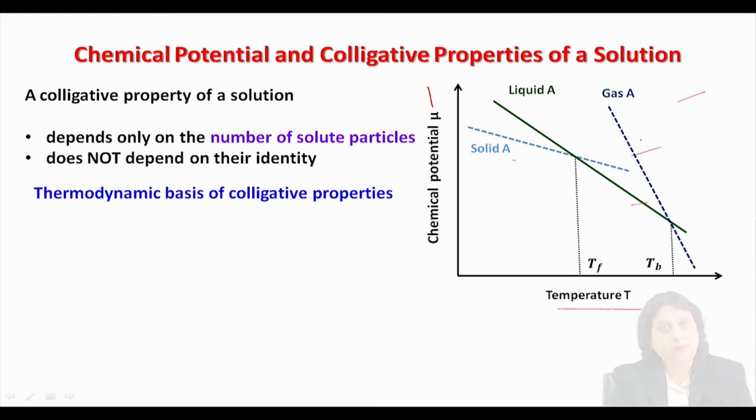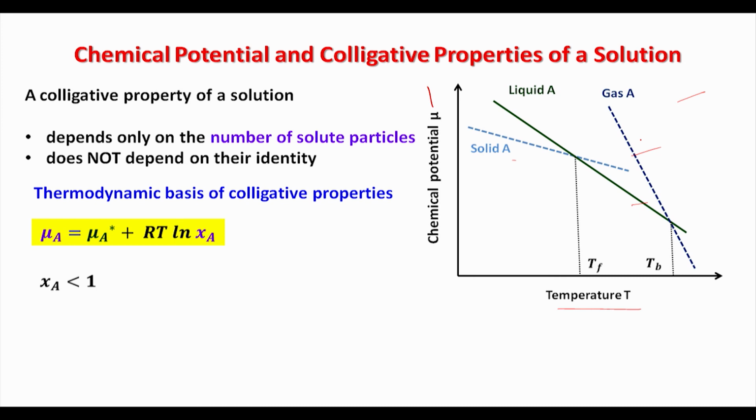Now I understand that if I want to talk about the solution, I need to understand what happens when I dissolve the solute B in liquid A. Now I understand that when I have the solution, mu A would be given by mu A star plus RT ln XA.